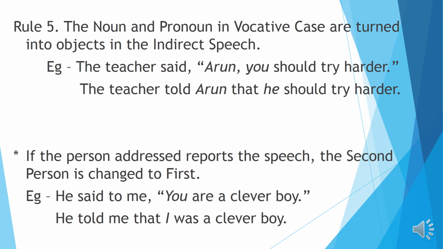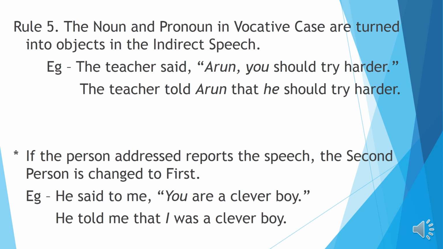Rule number 5, this is the last rule. It says the noun and pronoun in vocative case are turned into objects in the indirect speech. Noun means the name of a person, pronoun means he, she, they, them. Vocative case means when we are talking to a particular noun, identifying the person.